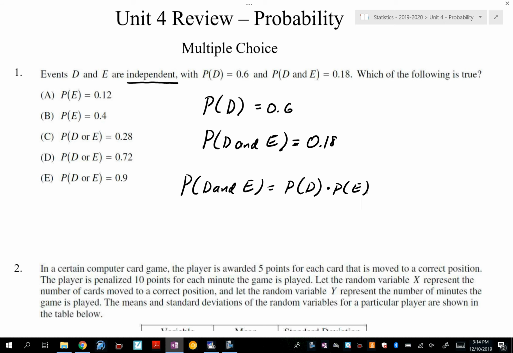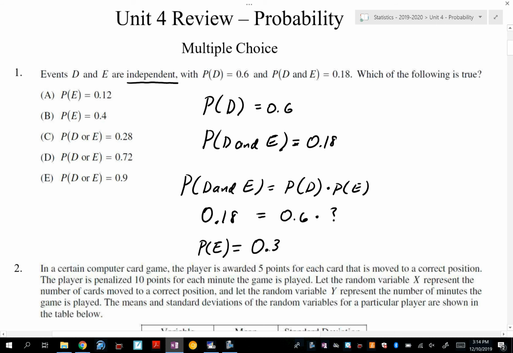All right, so this becomes an algebra problem. You already know the probability of both of them happening is 0.18. You know the probability of D happening is 0.6. So then you can use algebra to find the probability of E. So what is the probability of E? I think we all know 6 times what is 18? 0.3.